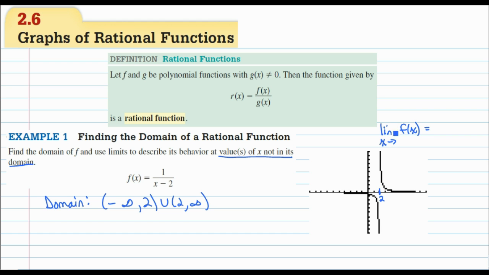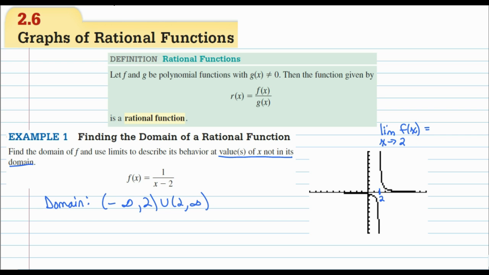This time, the limit of f of x as x approaches 2, the y values, now wait a second, as x approaches 2, there's two different pieces. So we have to clarify between the two different pieces. Let's talk about this one first. We call this from the right.